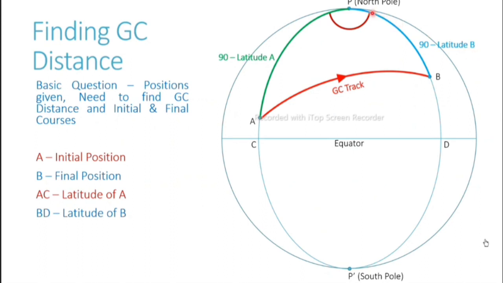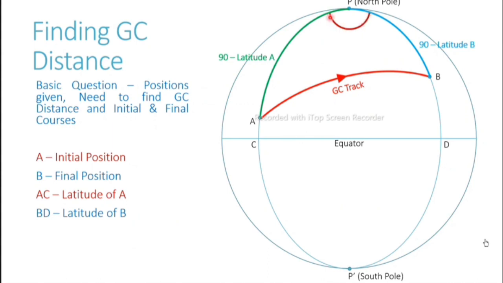Let's concentrate our attention on angle P of this triangle. This is highlighted in the diagram now. Angle P is the angle at the pole contained between the meridian of A and the meridian of B. So this is the definition of D long, or difference of longitude.